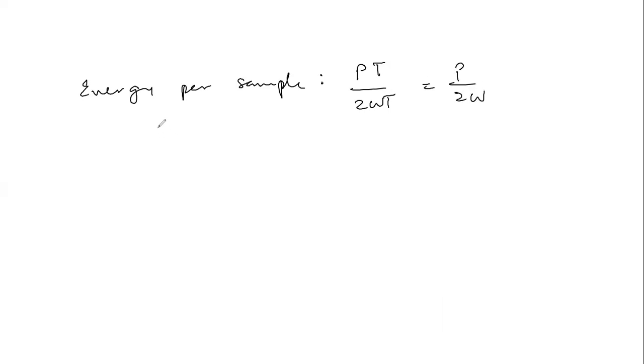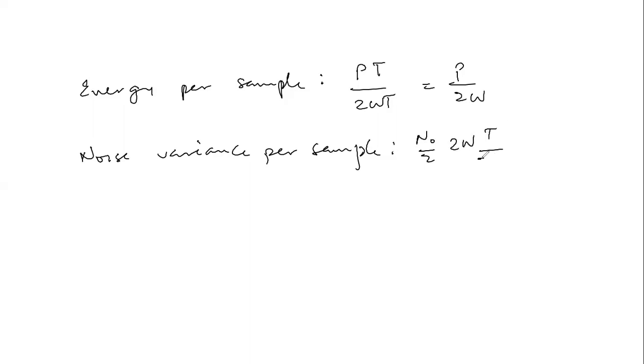Okay? And now the noise variance per sample will be given as N naught over 2 times 2WT over 2WT, which is the same as N naught over 2.